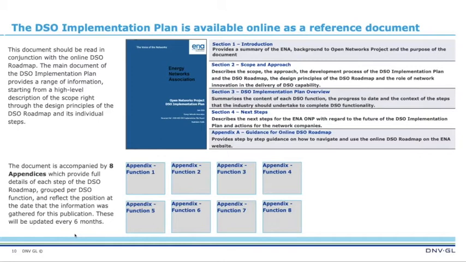You'll find the main document accompanied by 8 appendices, 1 appendix for each DSO function, providing the full detail of that function, the underlying activities and steps, and some further information around potential barriers, enablers, and other considerations for network companies in delivering these steps, that for reasons of space might have been captured very briefly only in the online roadmap tool. So this is a reference document available for your consultation.